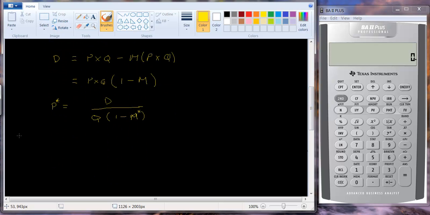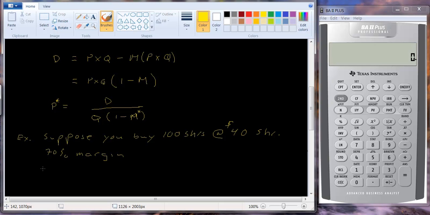So let's look at an example. Suppose you buy 100 shares at 40 a share. In fact, I think this is the same example I used before. And we assumed you had a 70% margin.